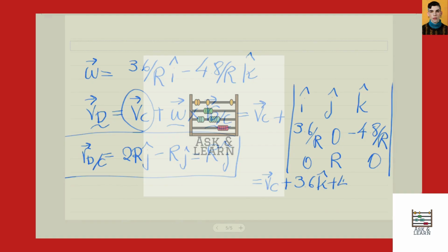It is this one, resulting eventually in the velocity of point C being simply 4.8 i hat plus 3.6 k hat, with meters per second as the units. And that was it.